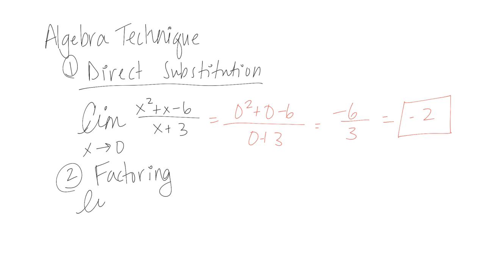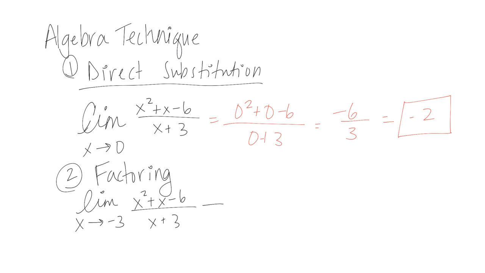All right. So using factoring would be like if I wanted to find the limit as x approaches negative 3 of x squared plus x minus 6 over x plus 3. So the same function, but now there's an issue because if I plugged in negative 3, my denominator will be 0, so the whole function would be undefined is what I mean.